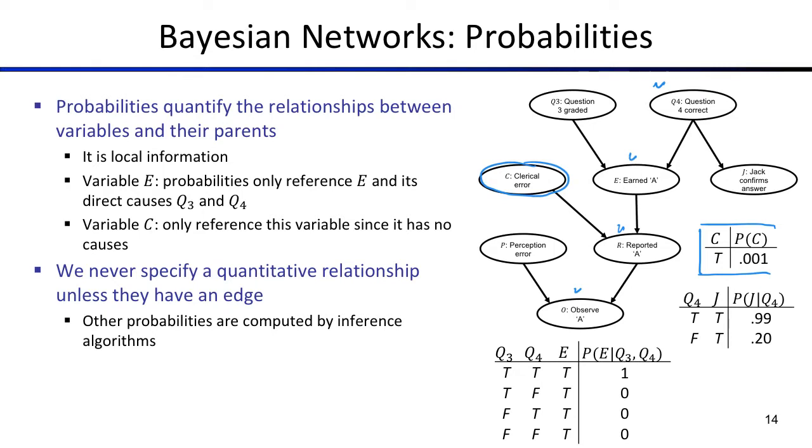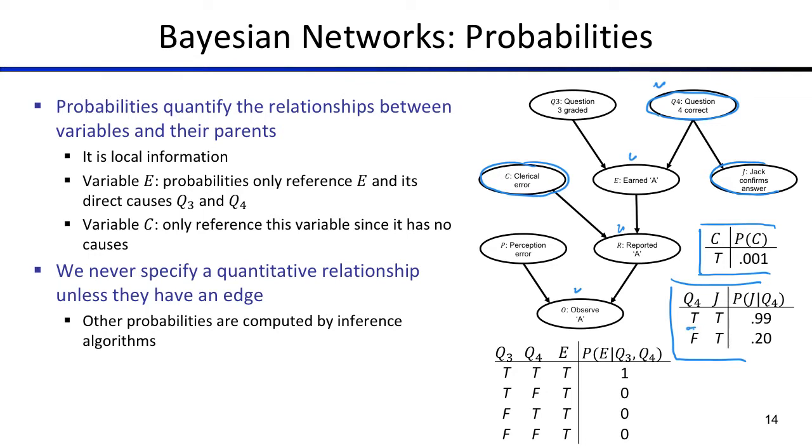Some other variables have one parent. So one example is here, Jack. Right? It has one parent, and the parent is Q4. So in this case, we have a table like this. It is a conditional table. You're going to express the probability of J for each possible value of Q4. So you enter that information. You see, it's local. It says that Jack will confirm that we have the correct answer, given that we have the correct answer, so Q4 is true, with probability 0.99.